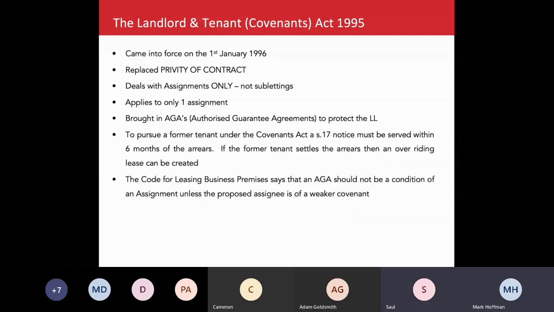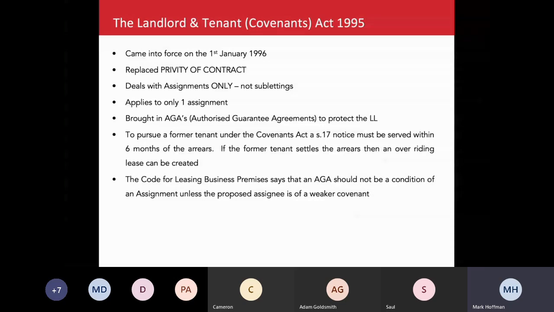Okay, 14 yearly rent reviews, that's their lease obligation. Now, under privity of contract, even if they're not in occupation, even if it's been assigned and sublet and assigned again, it is still on their balance sheet.